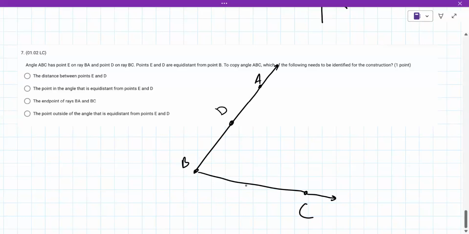There's an E, and then there's a D, and these are the same distance. Is this drawing clear? And I don't know, they could be further. We don't really know. I'm just presuming they're there. To copy the angle ABC, which of the following needs to be identified for the construction?